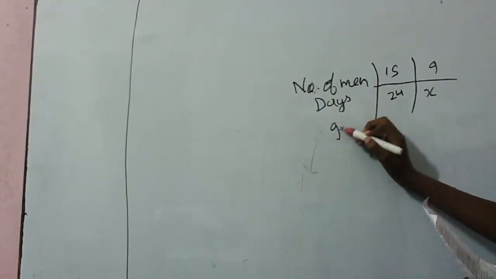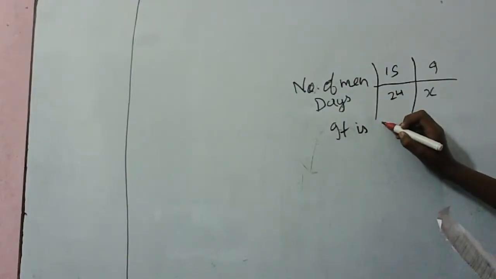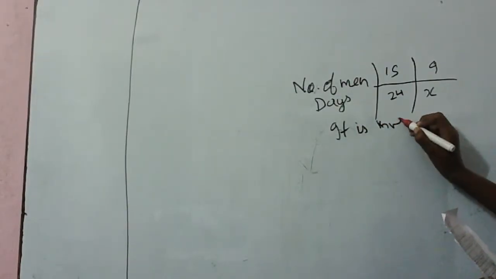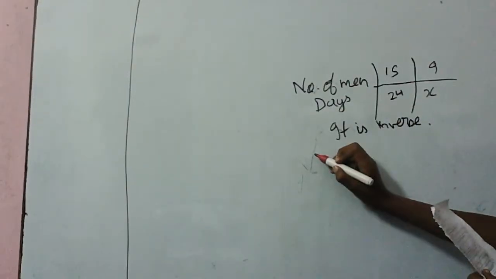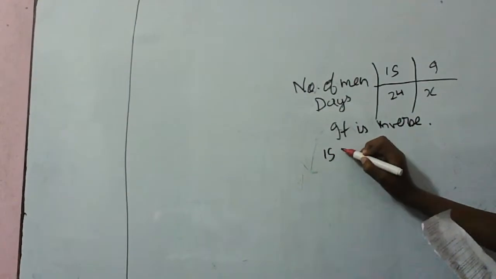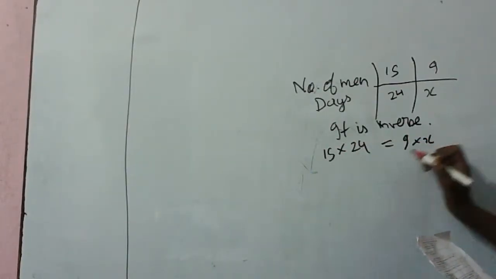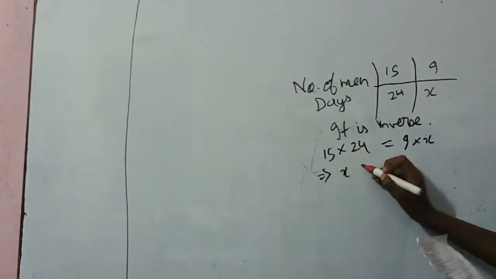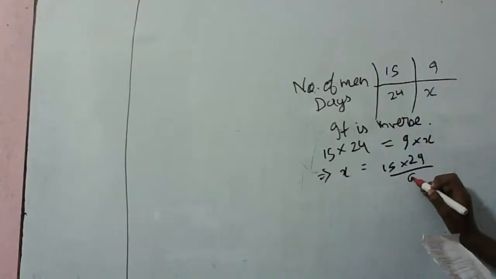So it is a question of inverse variation. So xy equals k. This implies 15 into 24 equals 9 into x. This implies x equals 15 into 24 by 9.